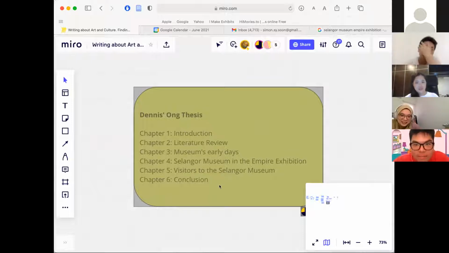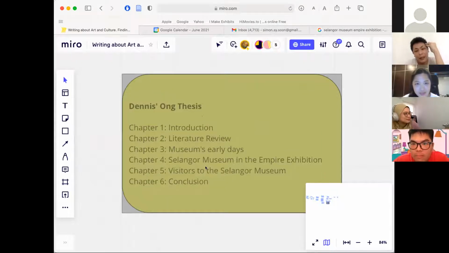I'm also curious why you picked the Empire Exhibition as the event you want to talk about for the Selangor Museum, if you haven't done the background reading on whether Selangor Museum actually contributed to the Empire Exhibition or not.